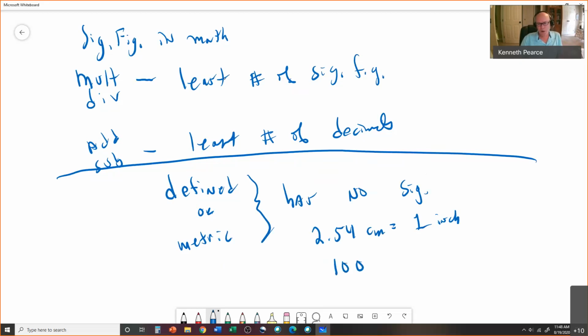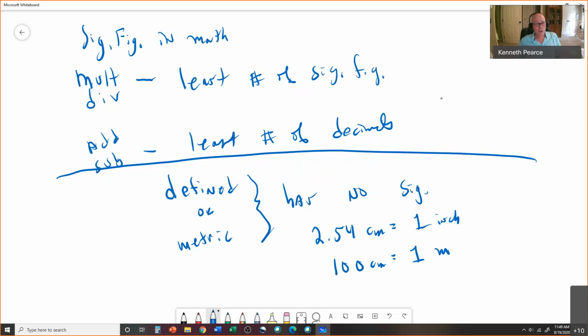Metric would be like 100 centimeters equals 1 meter. The 100 centimeters doesn't count for sig figs. Generally the only things that matter for sig figs are your measured numbers. You may only have one measured number in a calculation. You may have two measured numbers and one defined, and you have to go by the least number of whatever you have. So that's what you have to do.